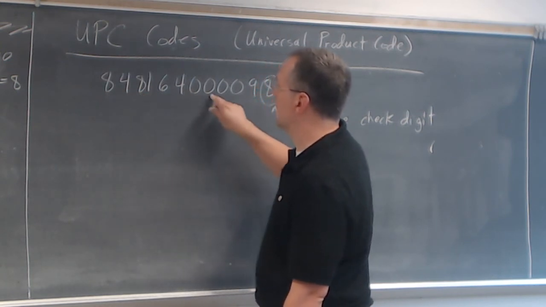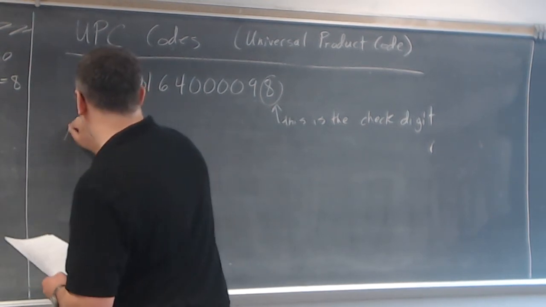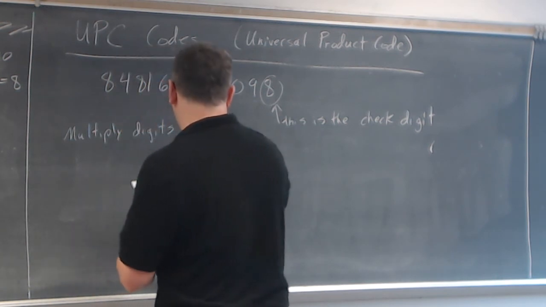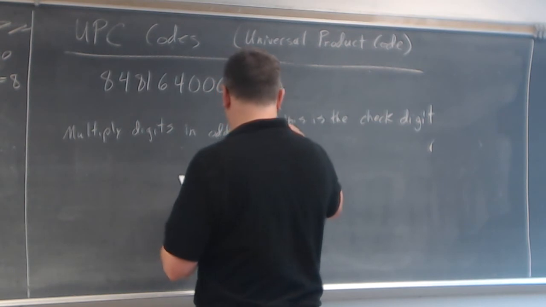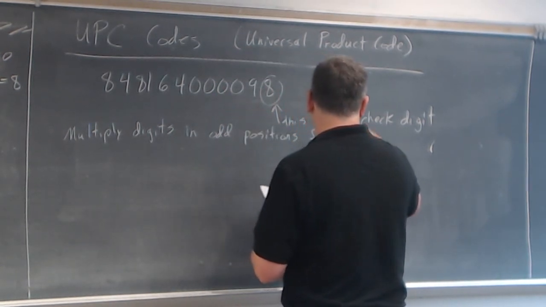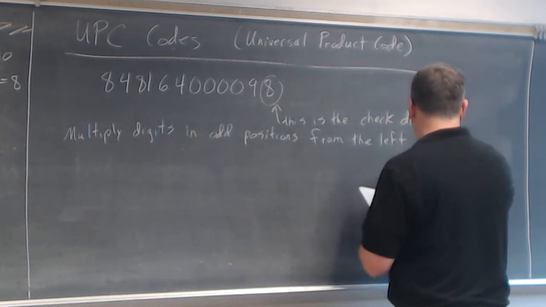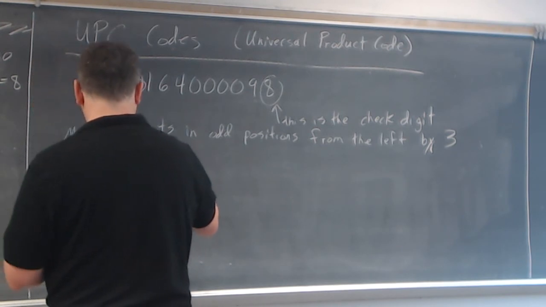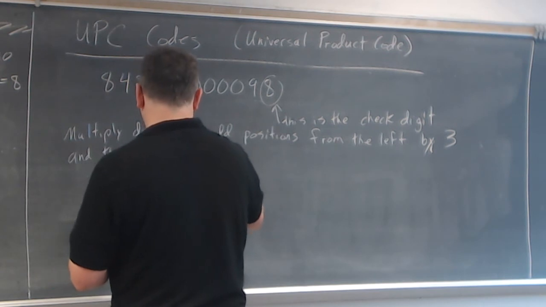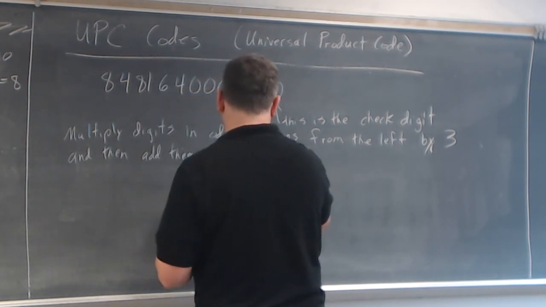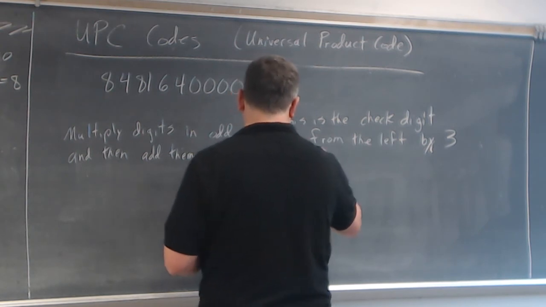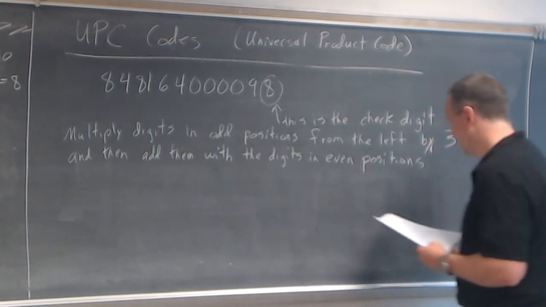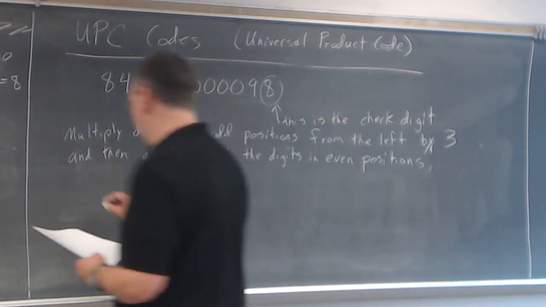You're going to multiply digits in the odd positions from the left by 3, and then add them with the digits in even positions, except for the check digit.